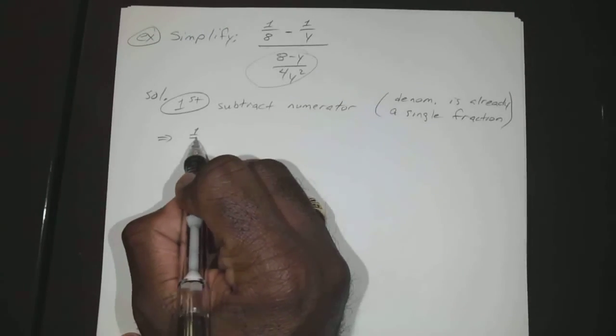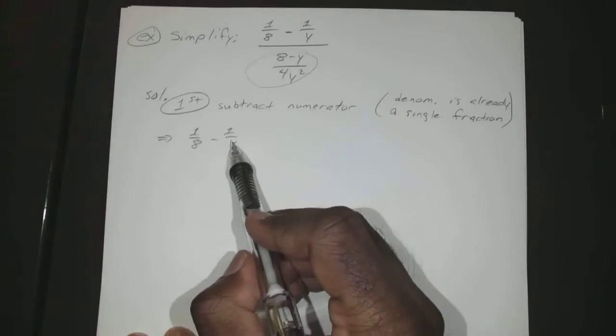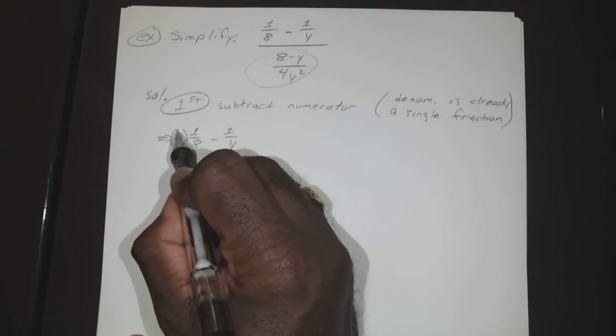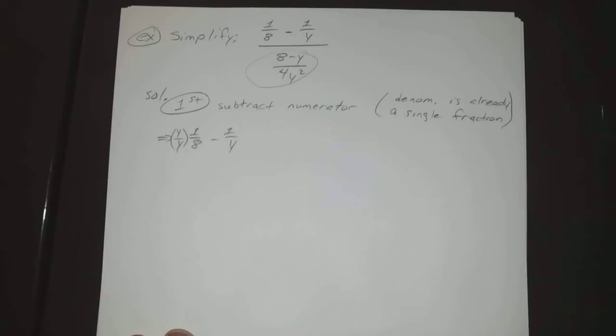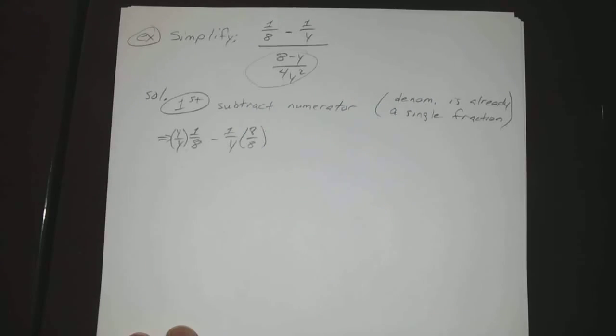Okay, so you have 1 over 8 minus 1 over y. You have a y on this side, but you don't have 1 over here, so you multiply this by y over y. You have an 8 over here, but you don't have 1 here, so multiply this side by 8 over 8.